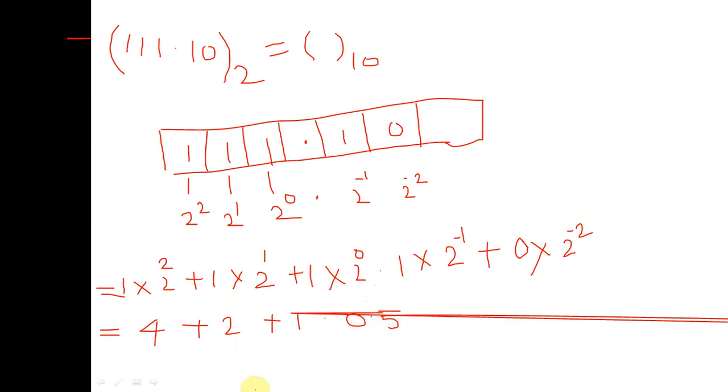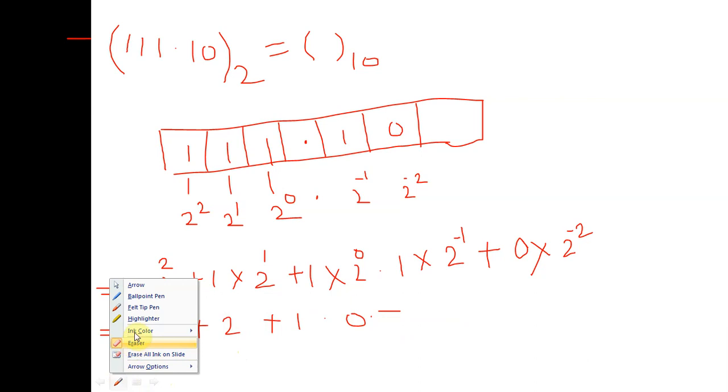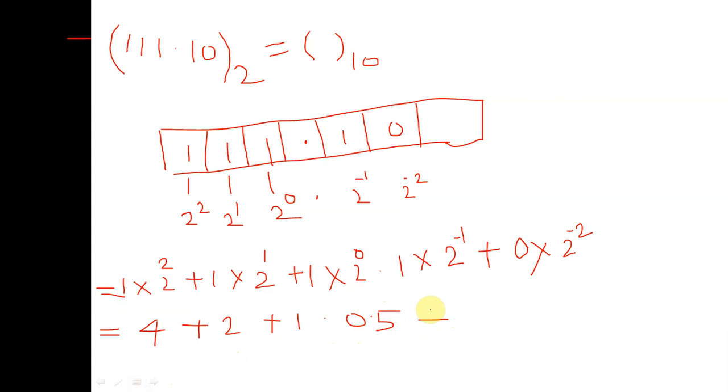And here the answer is 0 because 0 multiplied by any term gives 0. So 4 plus 2 is 6, 6 plus 1 is 7, and 7.5 is the final answer of the given binary number converted into decimal.